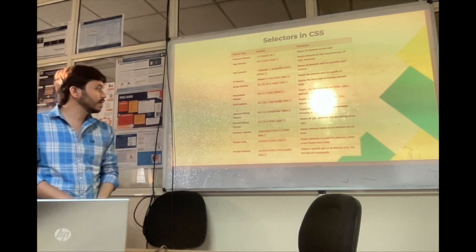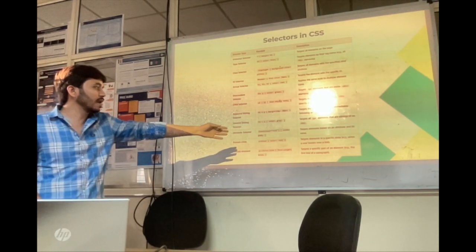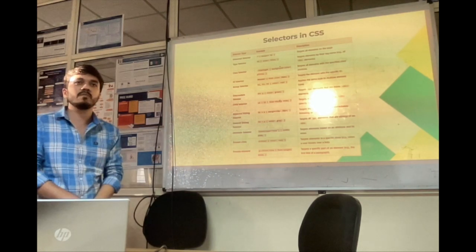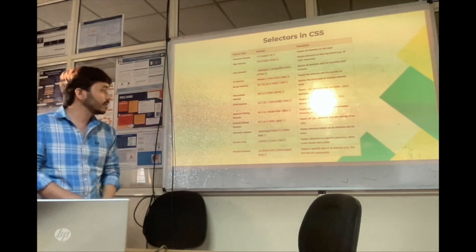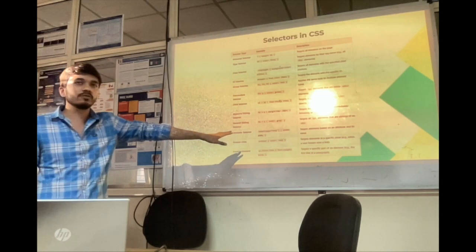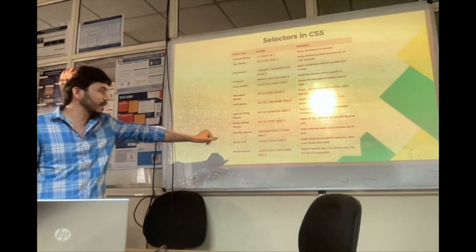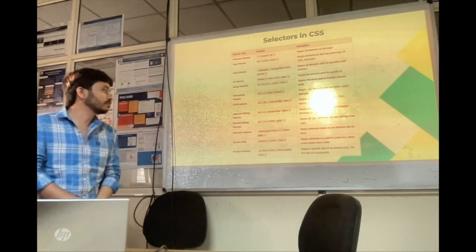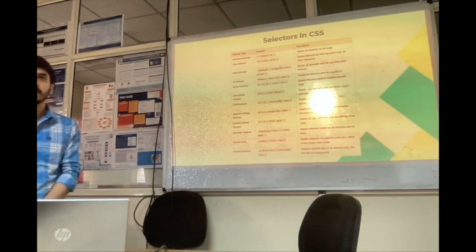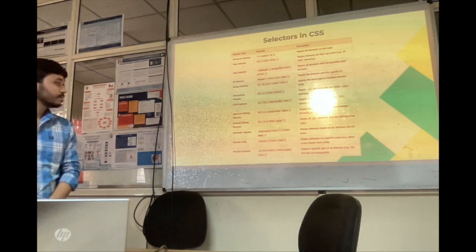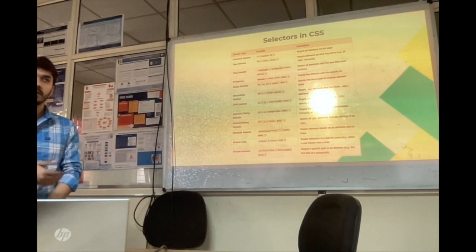Then we have the attribute selector. It is input type equals text. It selects based on the attribute. All the inputs which have type equals text will be selected with this type of selector. Then we have the pseudo selector. For our example, it is a::hover, which implies the style applied when we hover on any anchor tag.